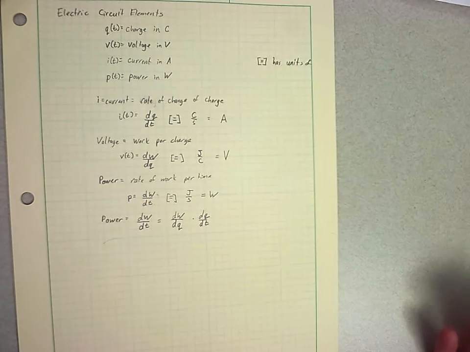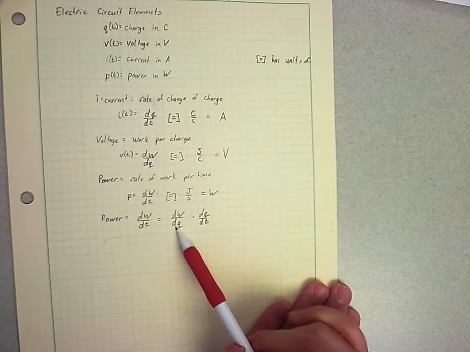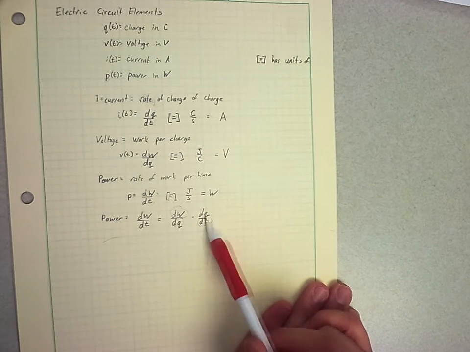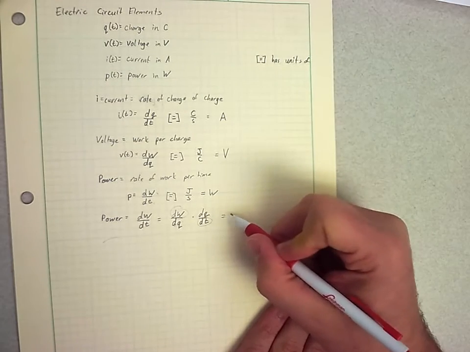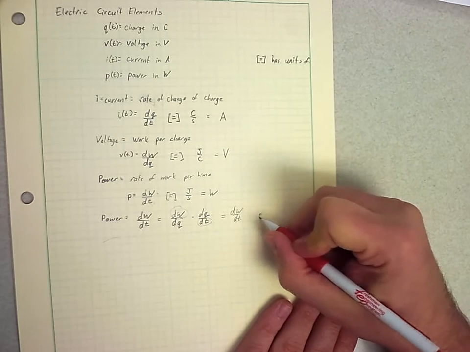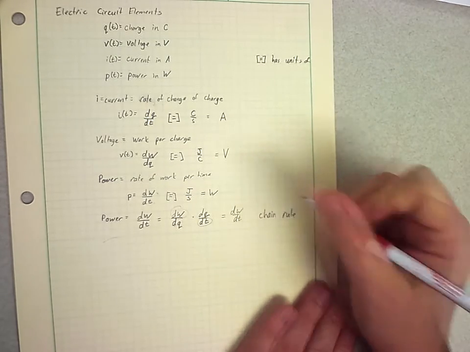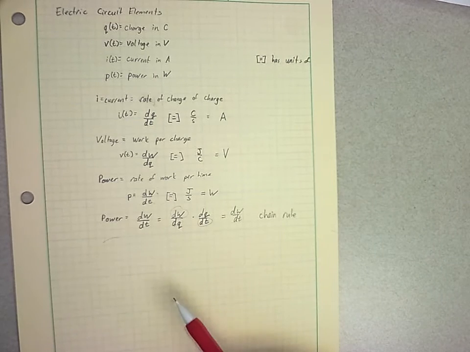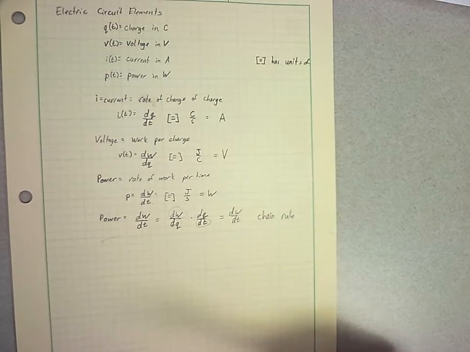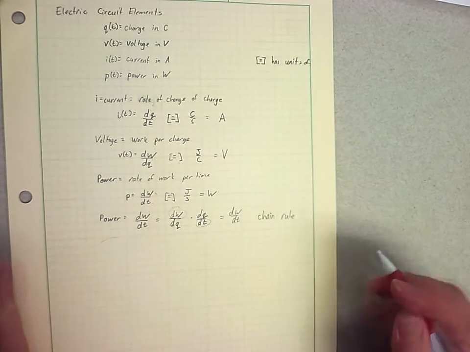If we multiply those two things together, just like you hoped, you would see that the dQ's cancel out. We get watts and dt, and that works. This is called the chain rule, which tells us that we can multiply functions together with respect to derivatives and work those out.